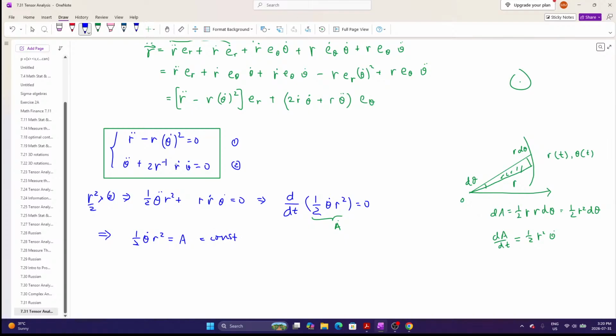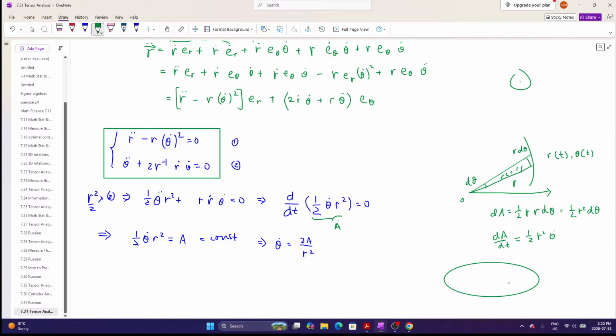So can we use that in our first equation? Well, let's substitute theta dot. From 2, theta dot can be solved as 2a over r squared. Which makes sense, because remember Kepler's law from classical mechanics.